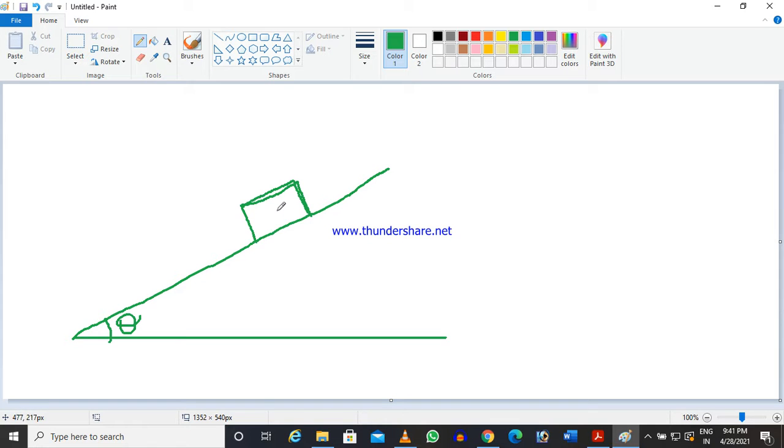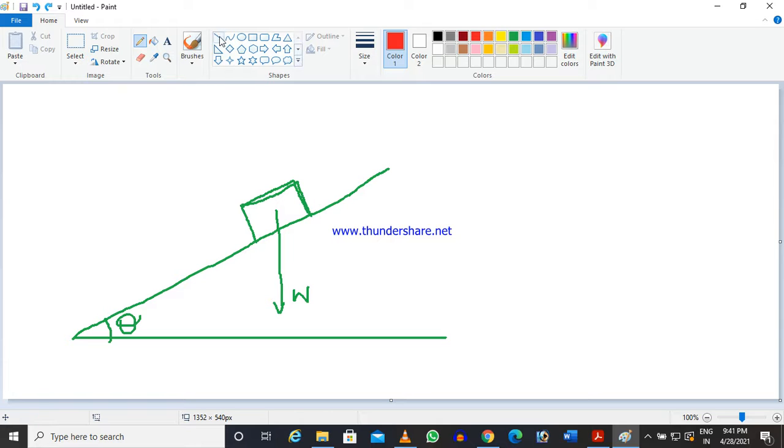So always the mass will work through the center of gravity vertically downward. This is the weight.